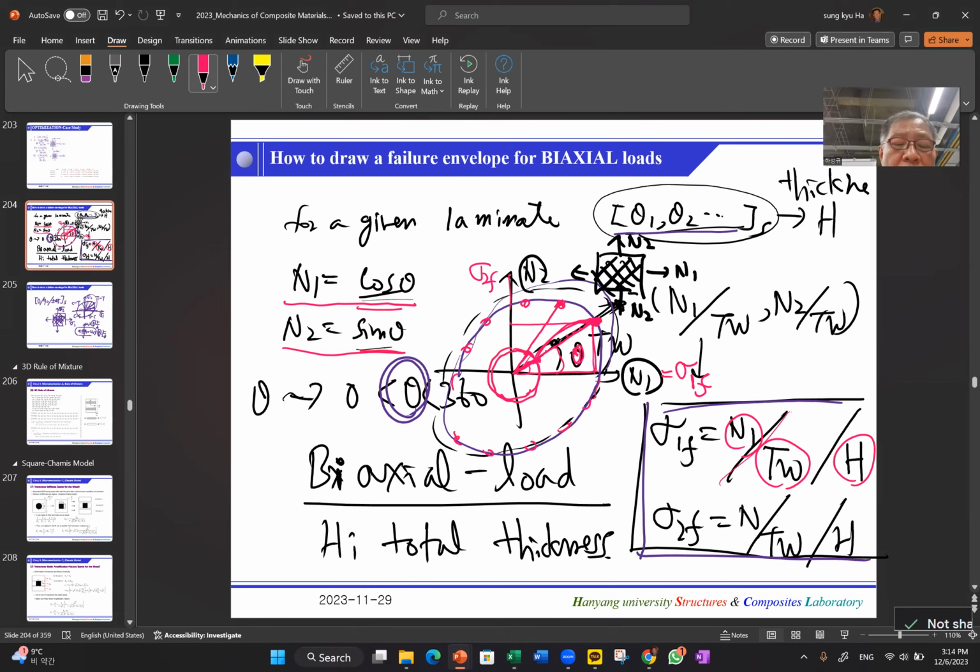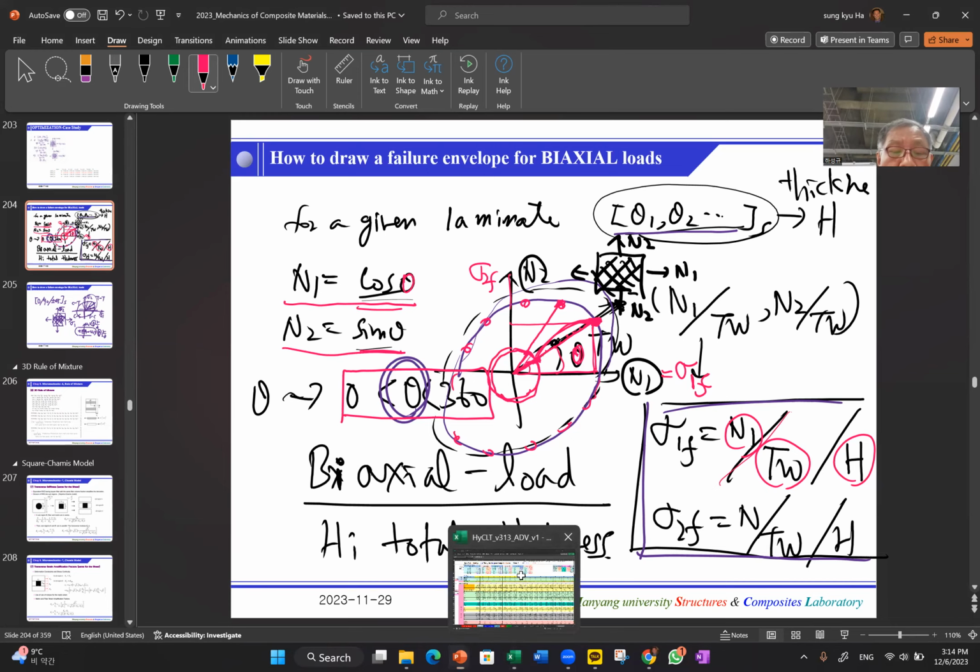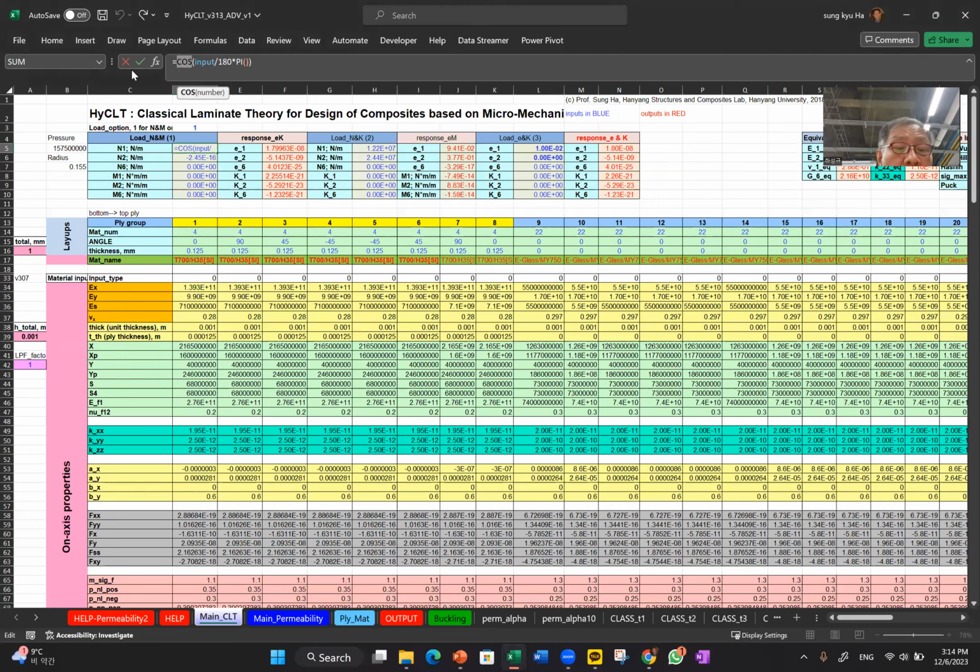What we're going to do is change theta from 0 to 160 degrees. So we have cosine theta and sine theta, and the input will be a variable, and the input is the angle. We input the degree and change it into radians.